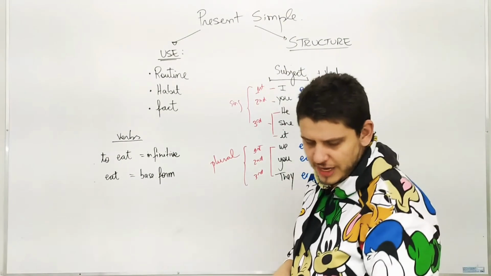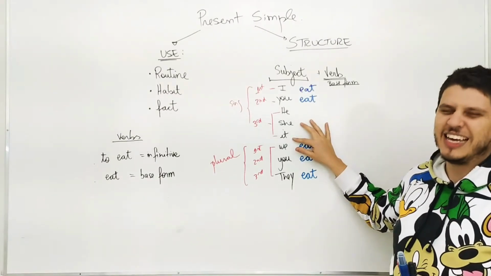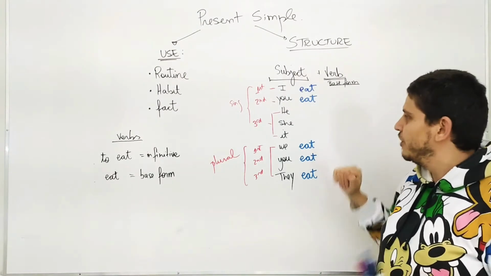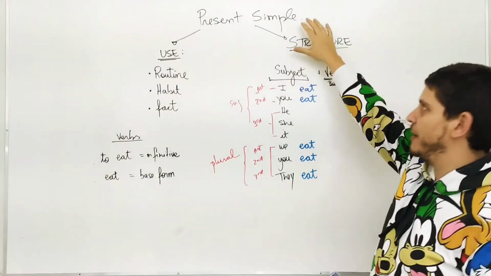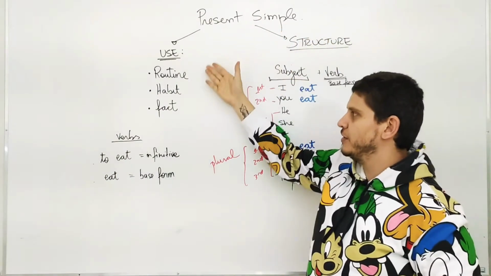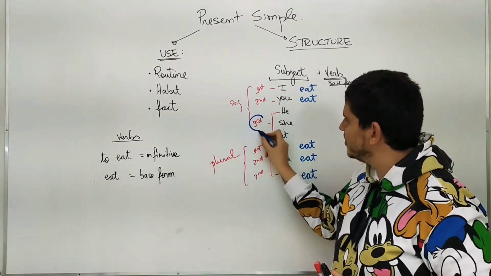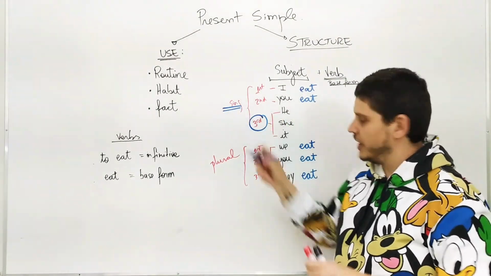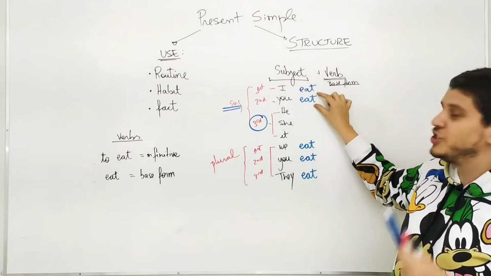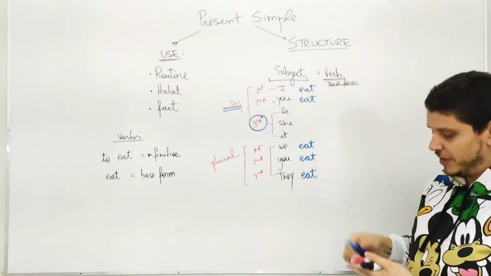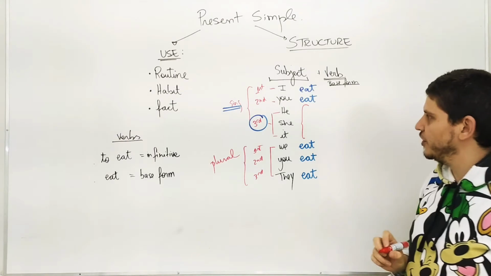But teacher, what happened? You skipped he, she, and it. Yes, I did, and it was on purpose. What happens here is, every time you are talking about the present, you are describing a routine, a habit, or a fact, but you have a third person singular, it means he, she, or it, the verb changes a little bit. So the general rule, there are some rules here that we can follow.